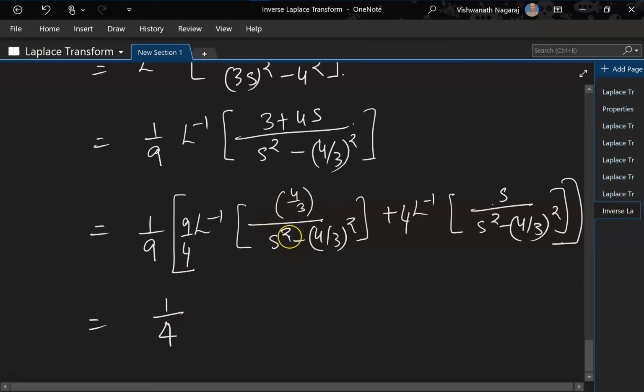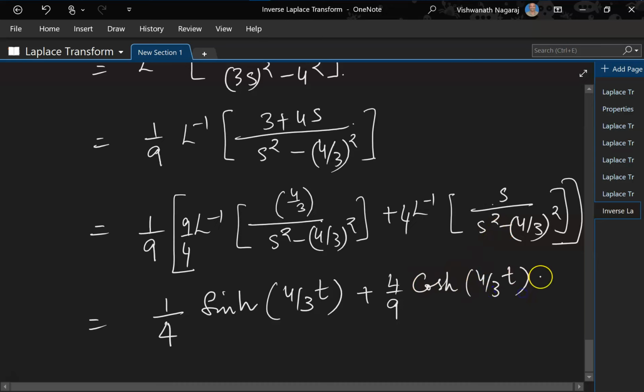This is the Laplace transform of hyperbolic sine of 4 by 3 t, plus 1 by 9. If we take it inside, this becomes 4 by 9. And this is the Laplace transform of hyperbolic cos 4 by 3 t, or 4t by 3.